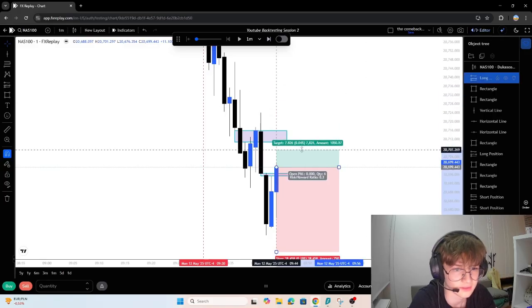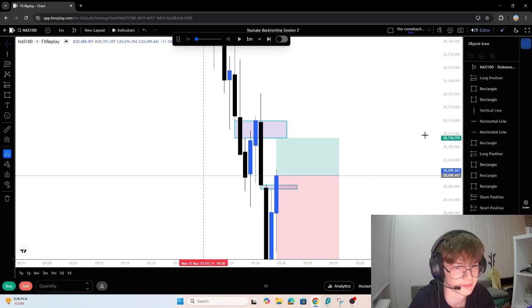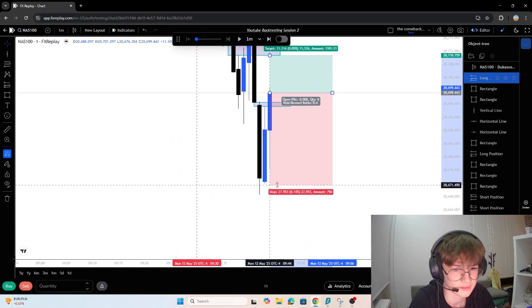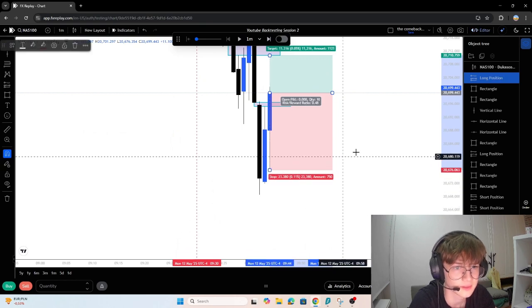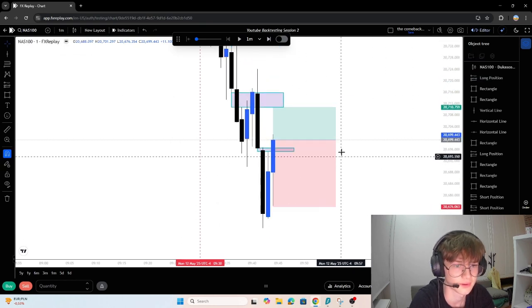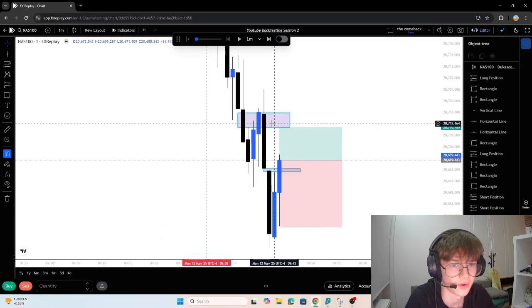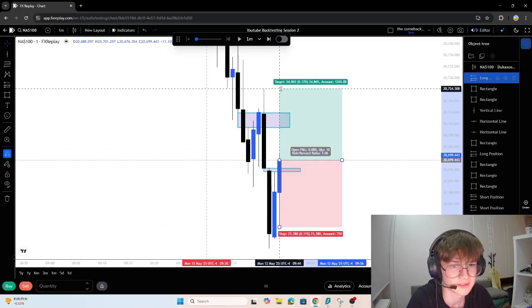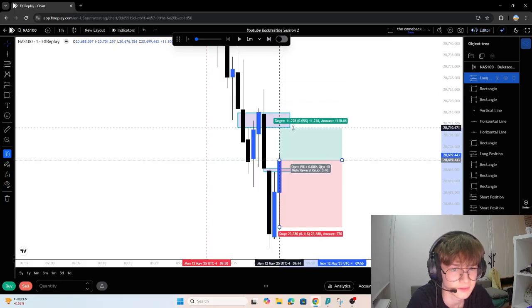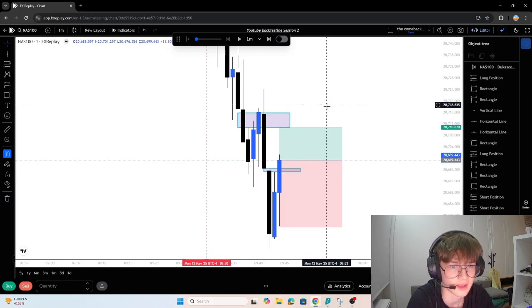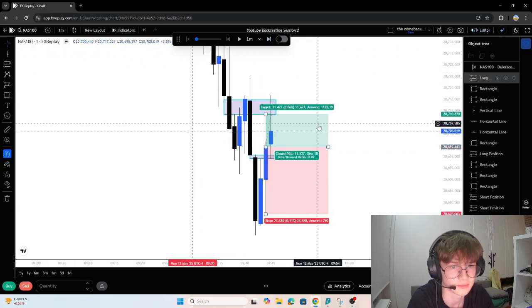I wanted to just target this, but I think it's a bit too low though. The risk to reward is not great. Maybe this high, but again, it's too big. I would target this FVG, but I would need to see retracement first.